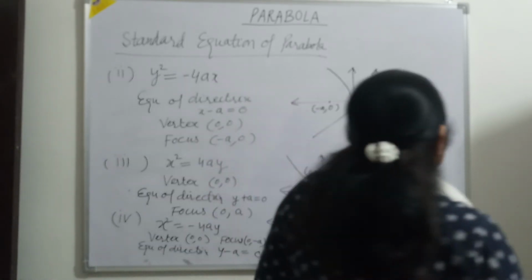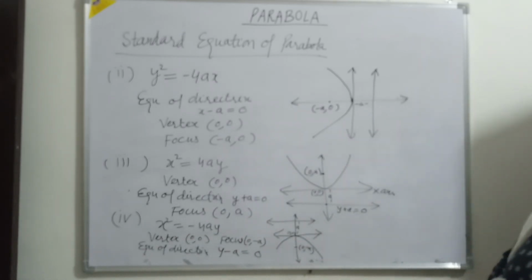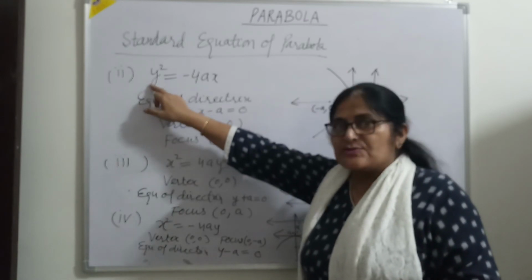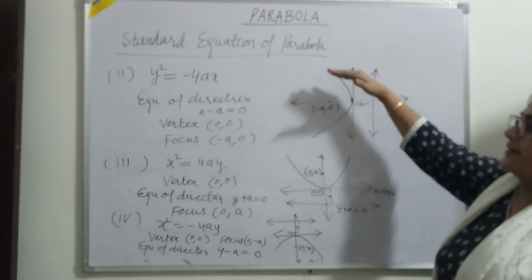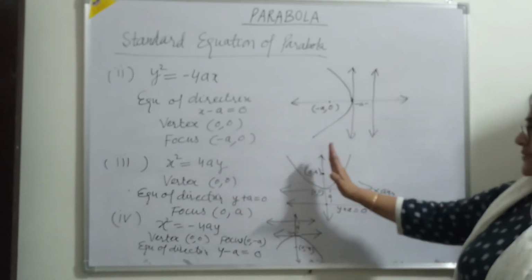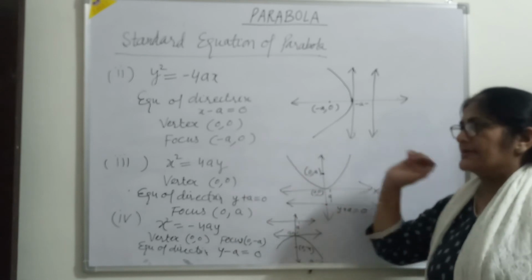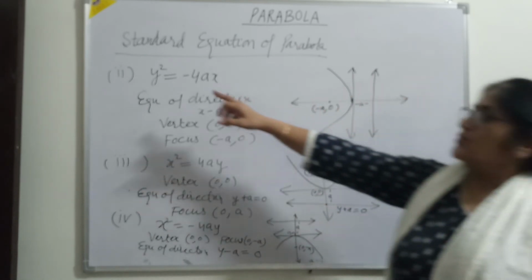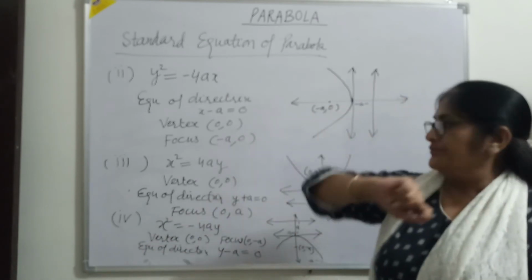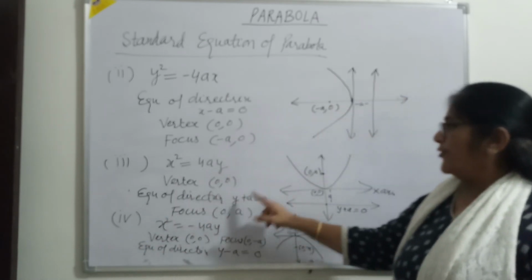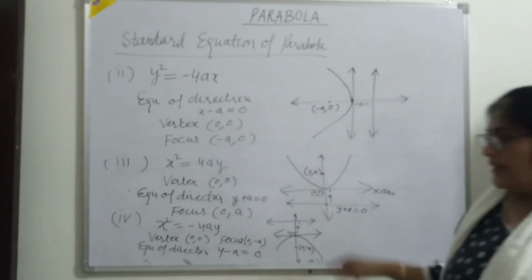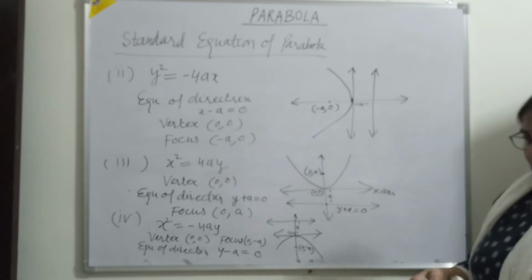What have you observed? If the parabola has a y² term, it is symmetrical about the x-axis. An x² term means it is symmetrical about the y-axis. y² = −4ax means it opens to the left. x² = 4ay opens upward, and x² = −4ay opens downward.